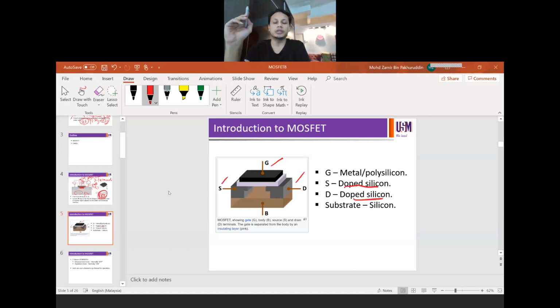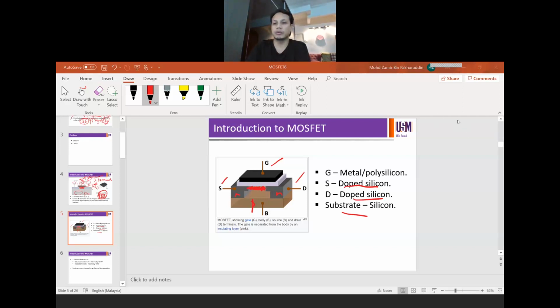So that means you need to dope your silicon. If your substrate is p-type, for example, then your source and drain are typically n-type. In this case it's called NMOS, because the channel under the gate oxide will be made of n-type channel.